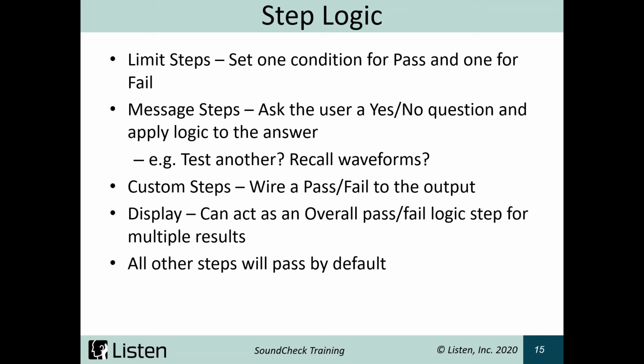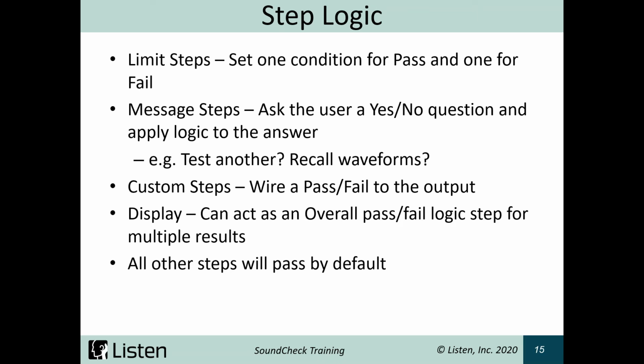There are different step types that will have different options in pass and fail criteria. A limit step is very straightforward. You set a limit on a curve, value, or waveform. If the limit step passes, it passes. If it doesn't pass the limit step, the limit fails, and the step is going to fail.